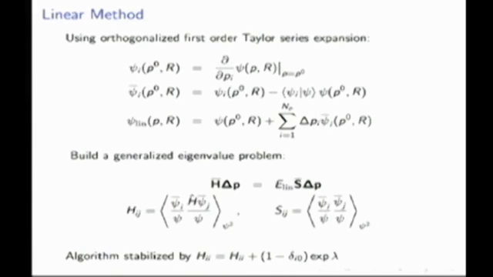These matrix elements consist of the inner product of psi i with H psi j, and psi i with psi j. If you look at this matrix element closely, you'll see that it's not symmetric in i and j, and this is something that gives it a strong zero variance property.